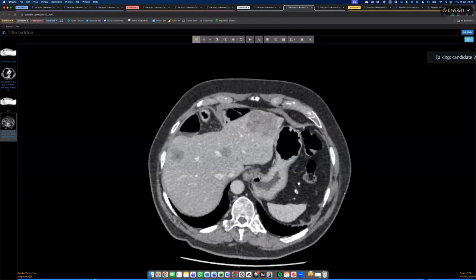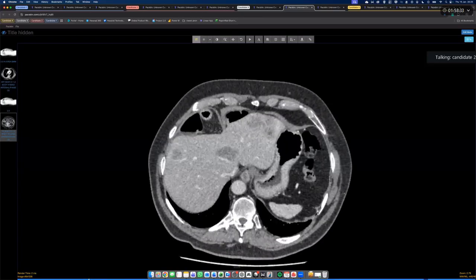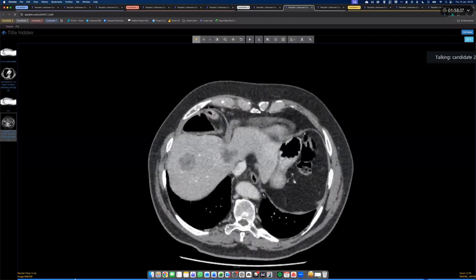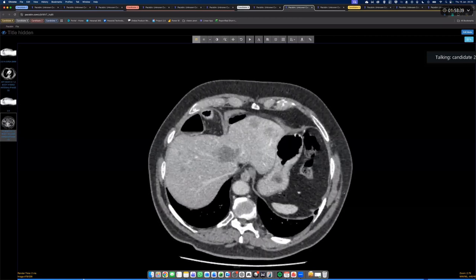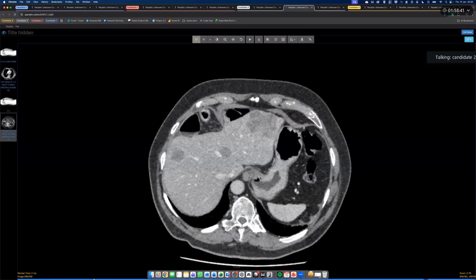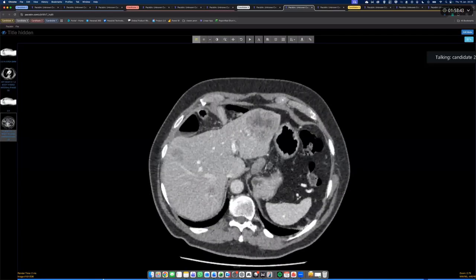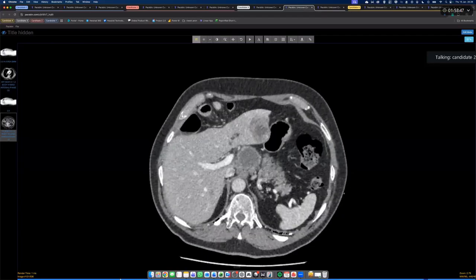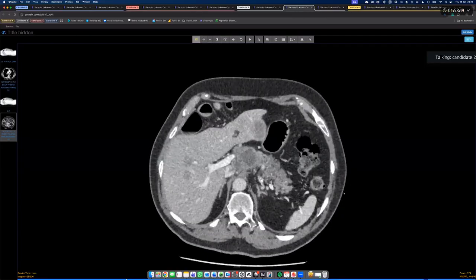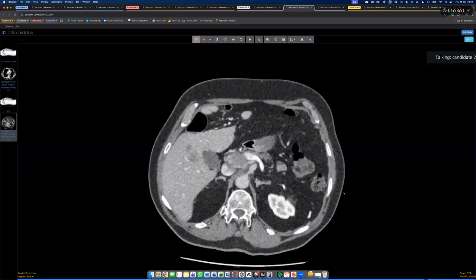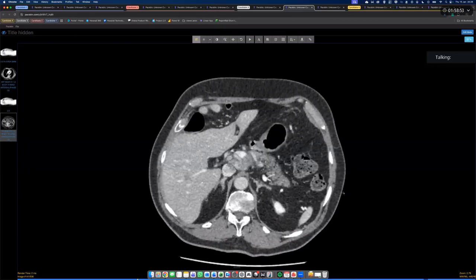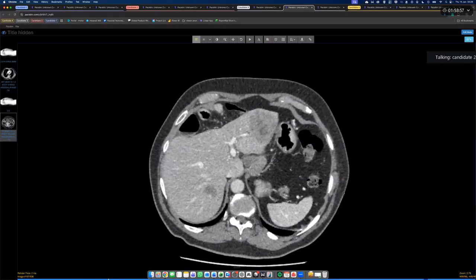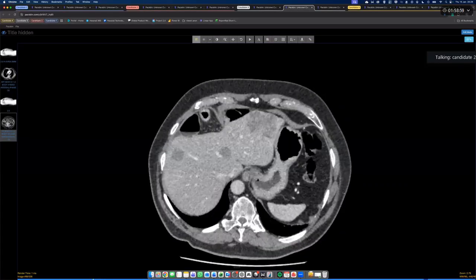There are multiple centrally necrotic, peripherally enhancing bilobar liver lesions involving both lobes with lobulated margins and without any surrounding parenchymal edema. No hepatic vein or portal vein thrombosis is appreciated. Adrenal glands appear normal. Spleen appears unremarkable.